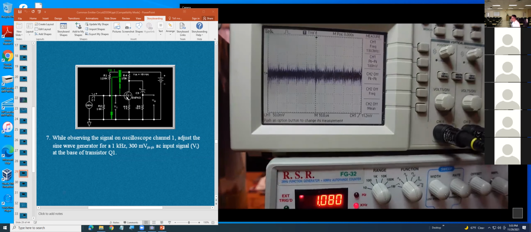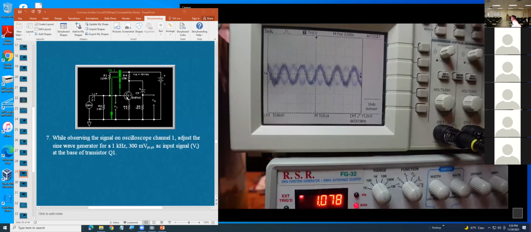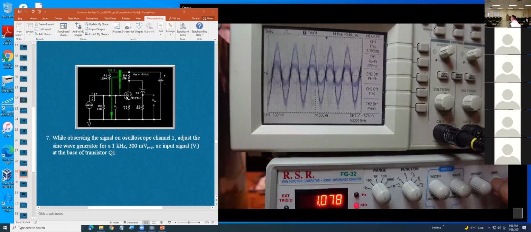See, we cannot see the signal. So I adjust the generator. I don't need 20 dB. Auto set, measure. Okay, you can see the signal. Let's try to make the generator bigger.